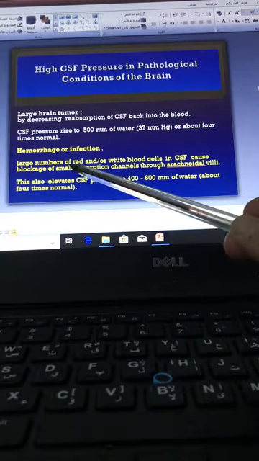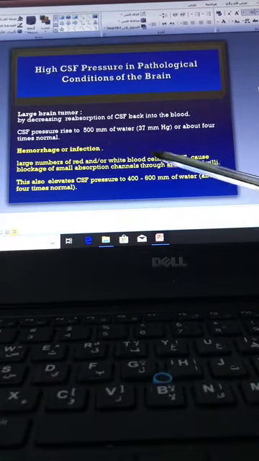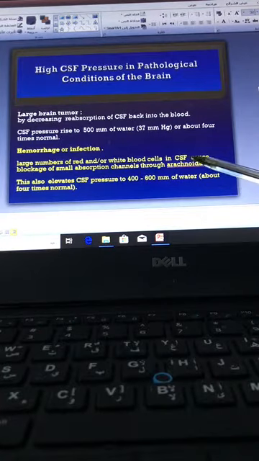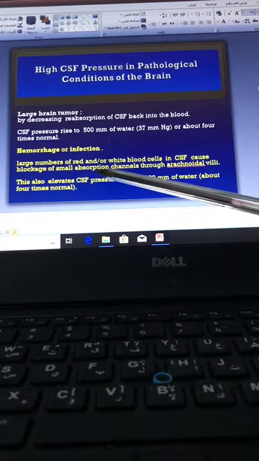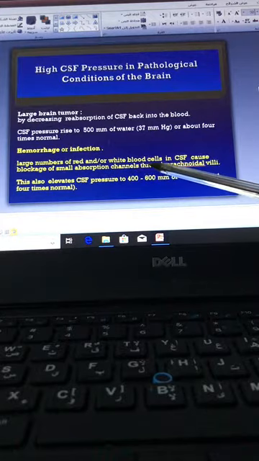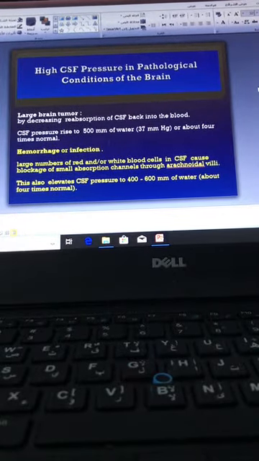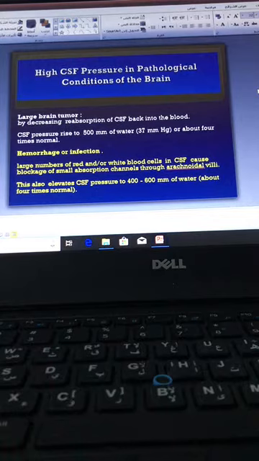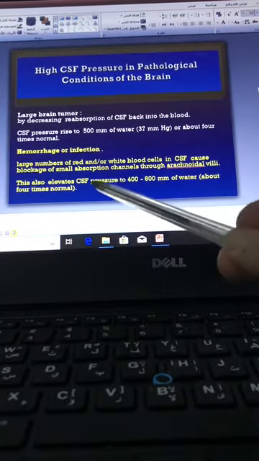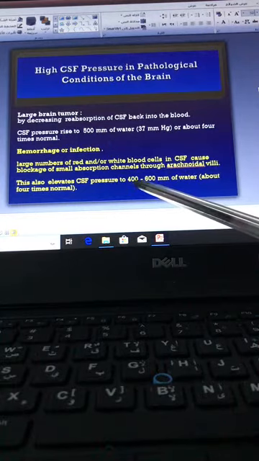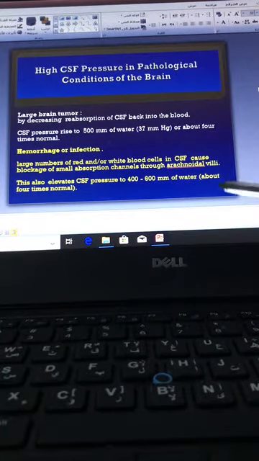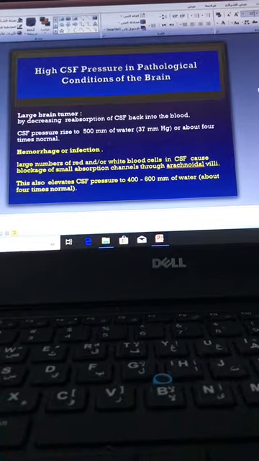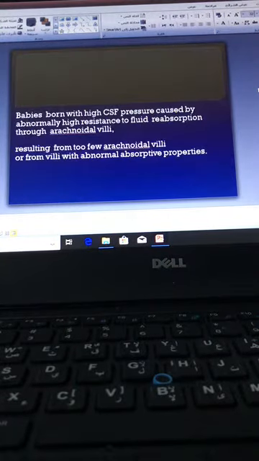Large numbers of red and or white blood cells in the CSF cause blockage of small absorption channels through arachnoid villi، راح تنسد المسافات الصغيرة المسؤولة عن الامتصاص، القنوات. This also elevates CSF pressure to about 4 to 600 millimeter of water وأيضا ما يعادل 4 أضعاف المقياس الطبيعي.